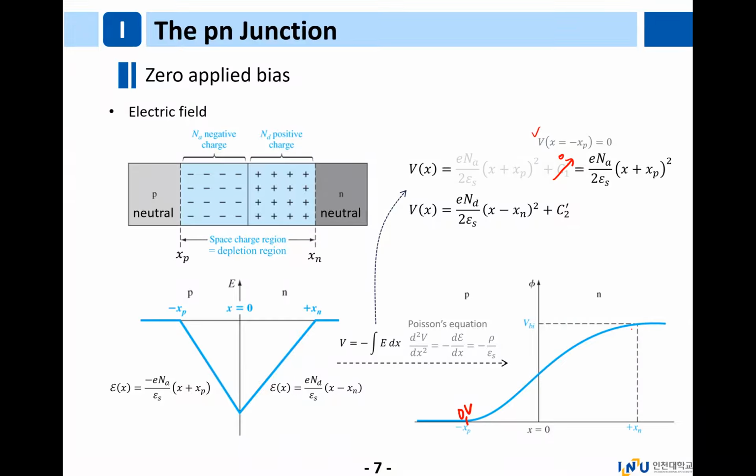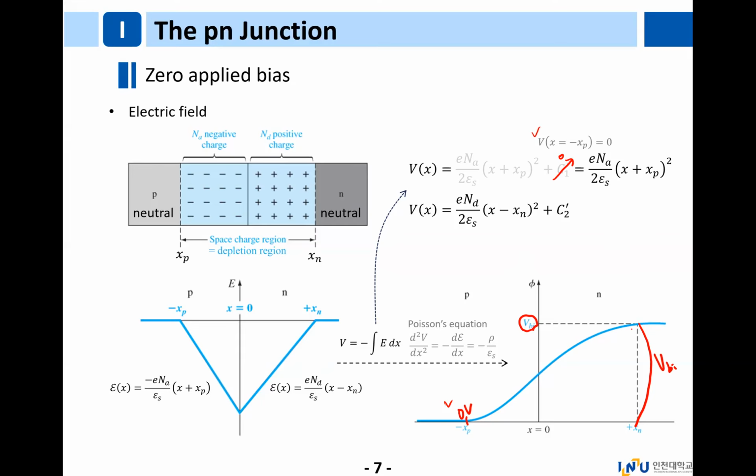Then the same approach can be applied in the N-type region, but in this case, we need to apply a different boundary condition. The potential at x equals xn in the N-type region differs by VBI, the built-in potential, from the potential at x equals minus xp.